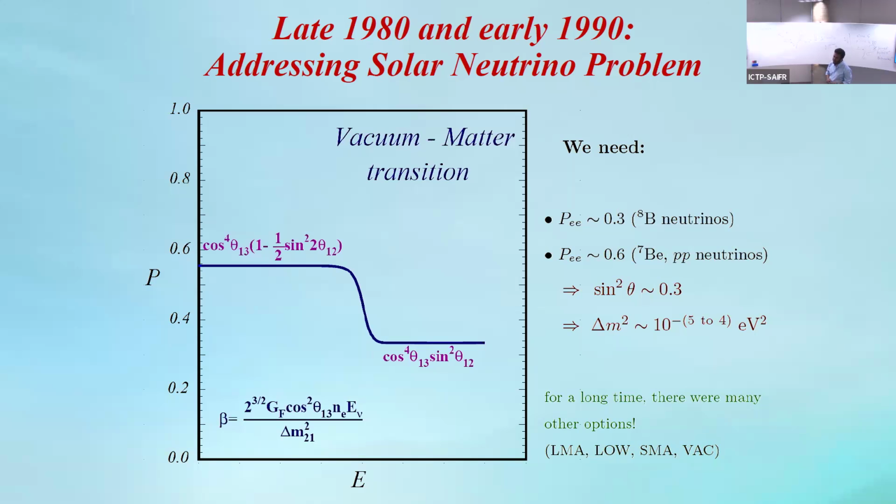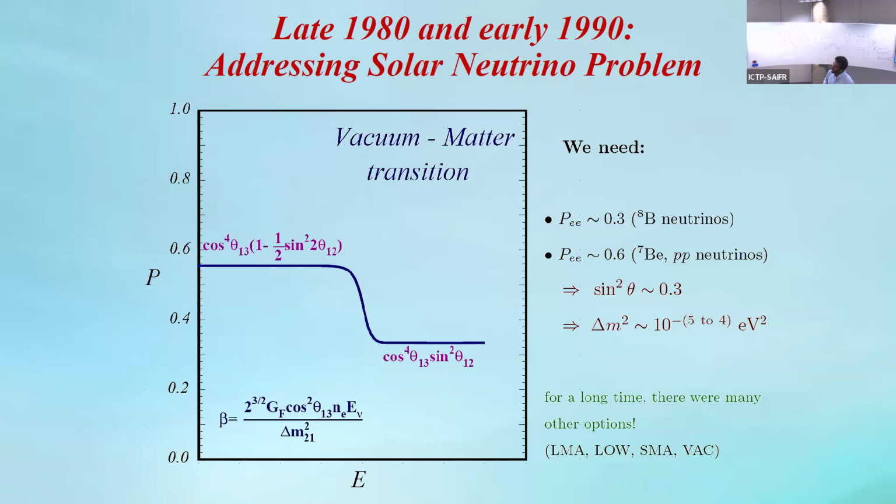So after the KamLAND result, the neutrino magnetic moment hypothesis was ruled out. Until then, even with SNO data, you can talk to Evgeny also, SNO was not sensitive, I think, to neutrino versus anti-neutrino, so we cannot tell much. And also with solar metallicity or something, you can explain this kind of transition.